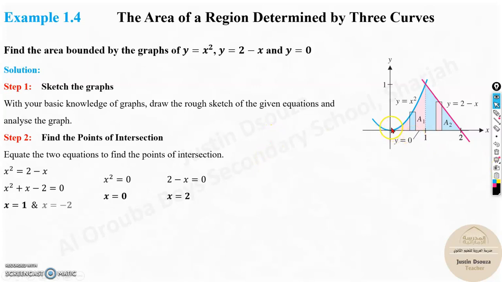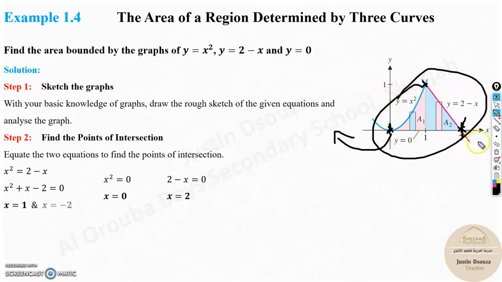Now, from here, you can understand one thing. This point, and this point, and this point is the limit. In this graph, you must understand, because only these 3 points are there. Wherever it meets the x-axis, this is the limit. You can't extend it beyond 0. Can you? No, because we are dealing with this graph.